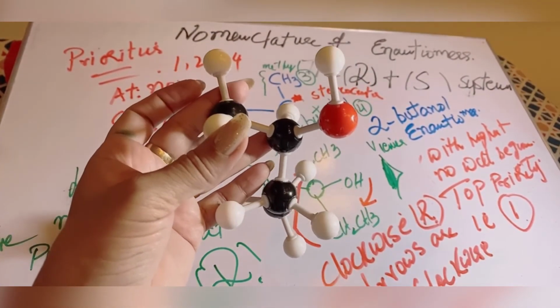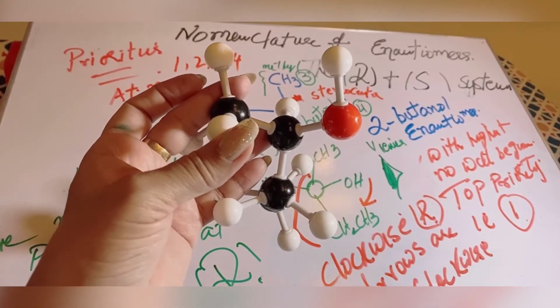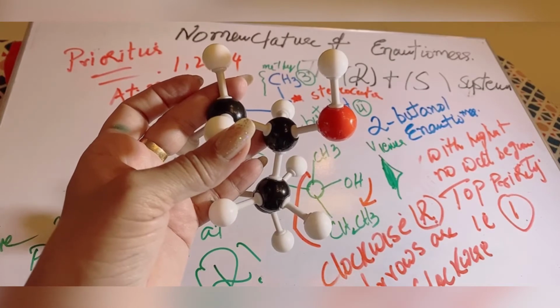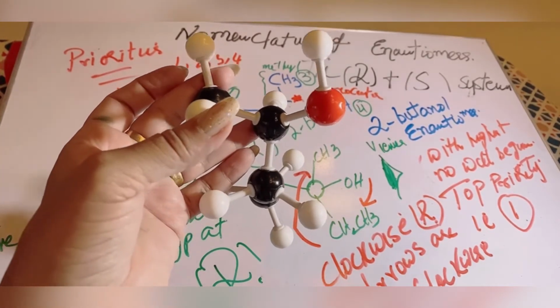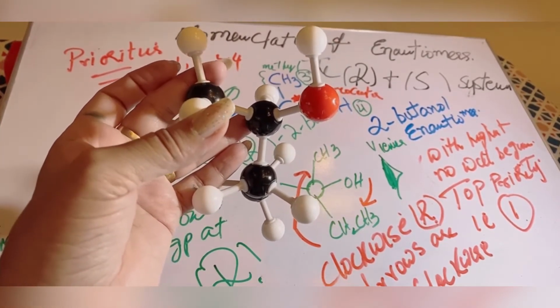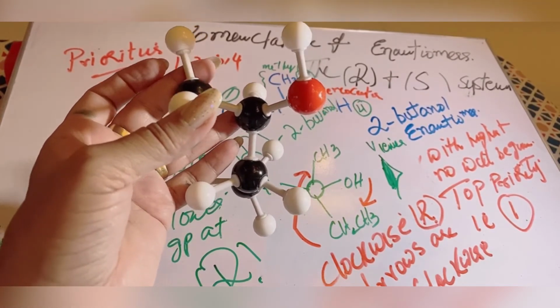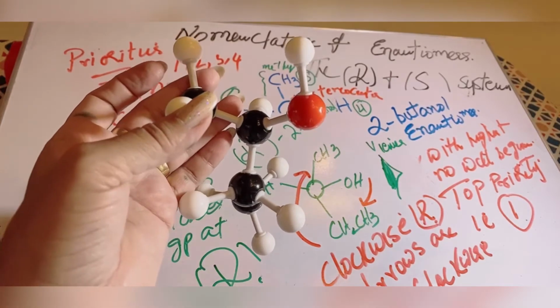This is the way you can study the nomenclature. This nomenclature was suggested by three very renowned scientists, Cahn, Ingold, and Prelog.